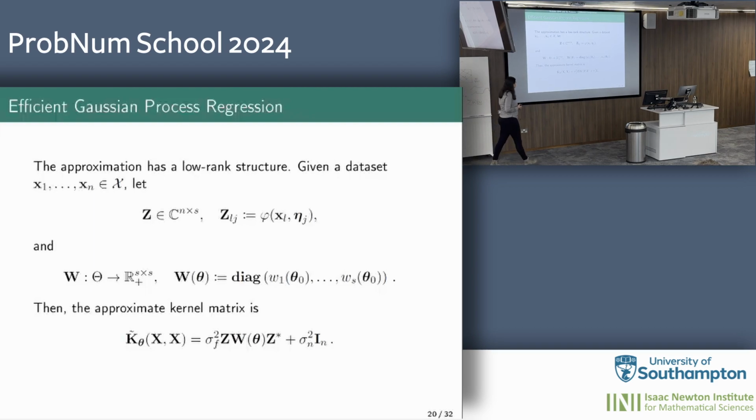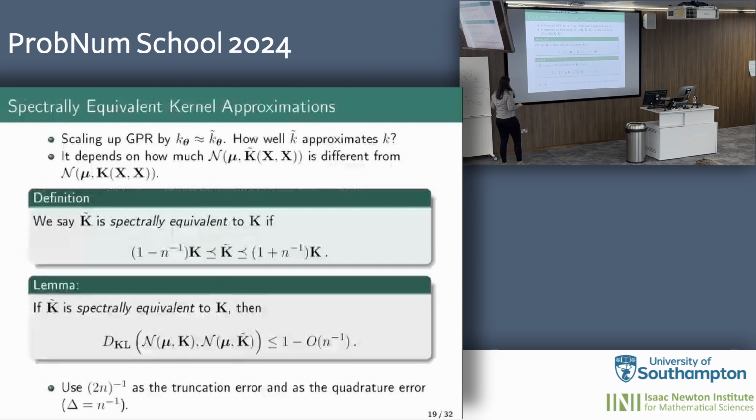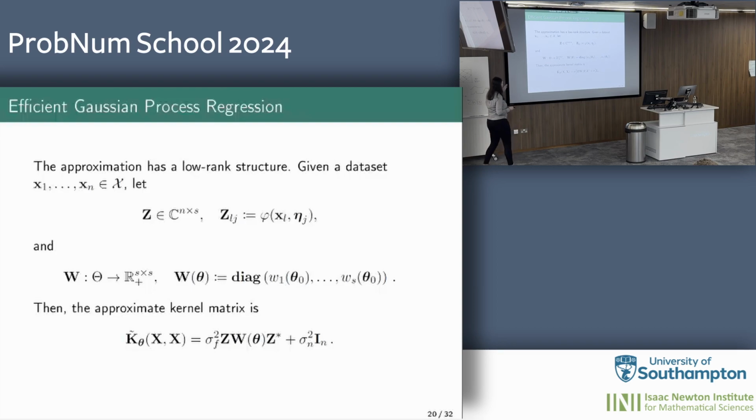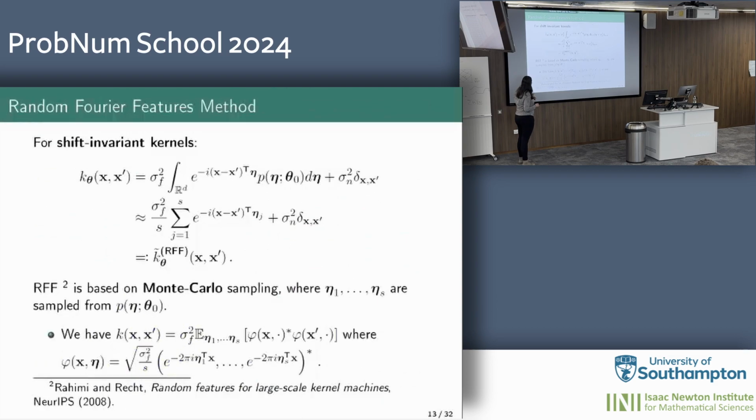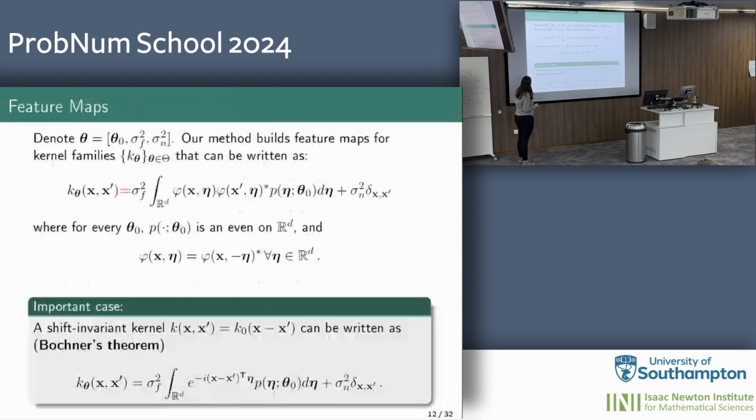So in the W of theta, the right-hand side is just theta 0. Should the left-hand side W also be a function of theta 0? Yes. Let me try to find the slide.